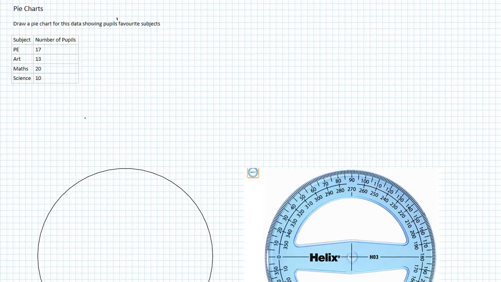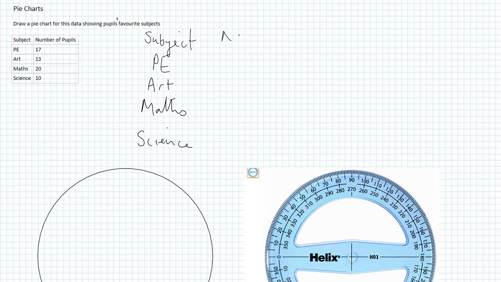So what we want to do is make up a pie chart. Now how we do that is in 2 steps. I'm going to make up a rough table, where we've got PE, art, maths and science. And I'm going to work out some different things.